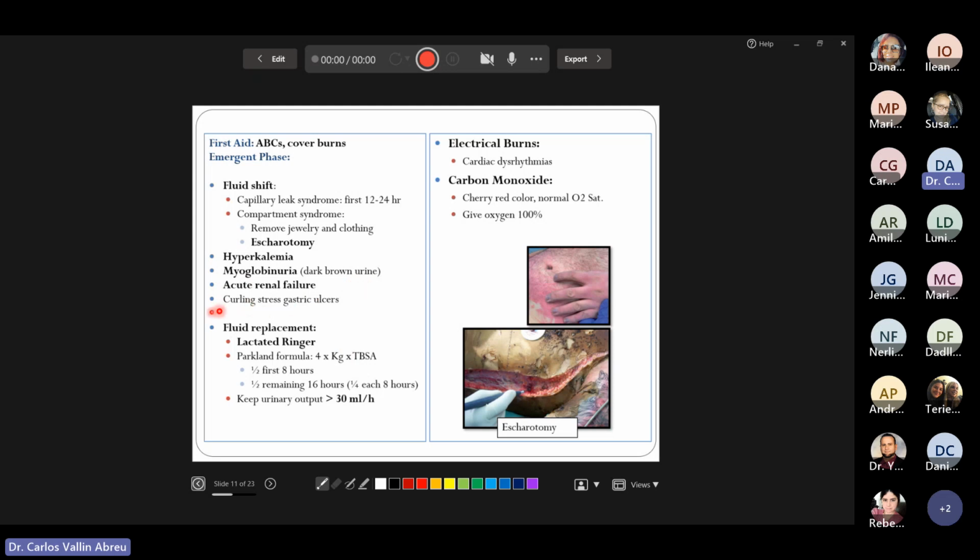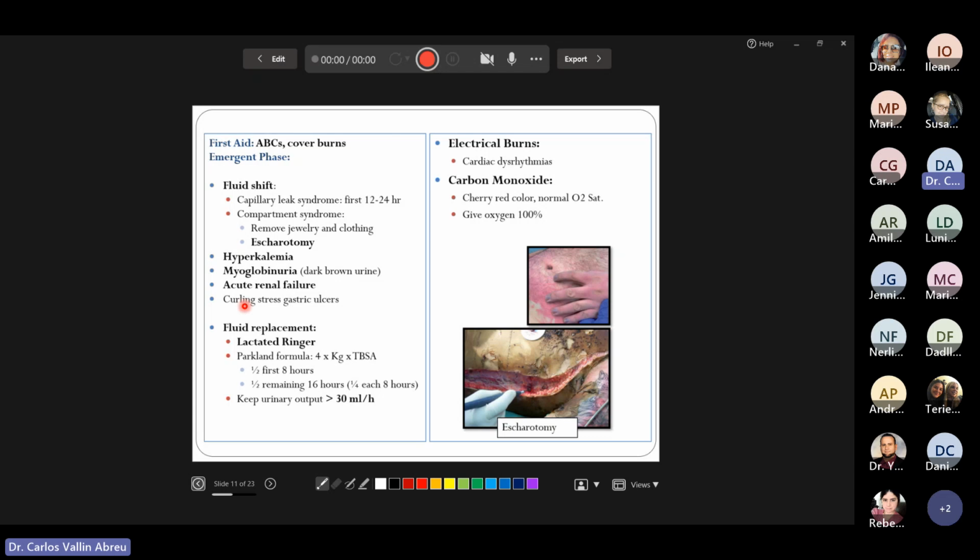Don't forget an important issue in burns. Burn clients frequently are in extreme stress. First, because of the pain, the psychological environment of the burns, the trauma of the burns, but then the physiological stress is a severe, extensive tissue damage.